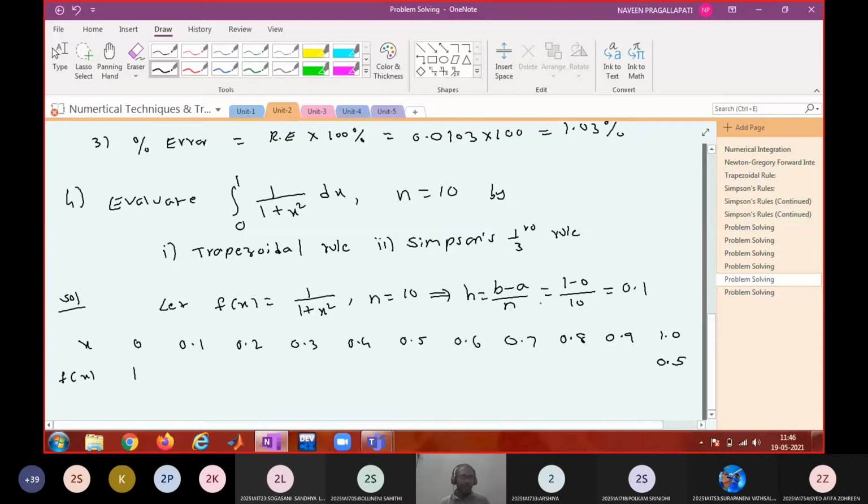On your calculator, 0.1 whole square plus 1 equals, then use the x inverse button and you will get the reciprocal value.